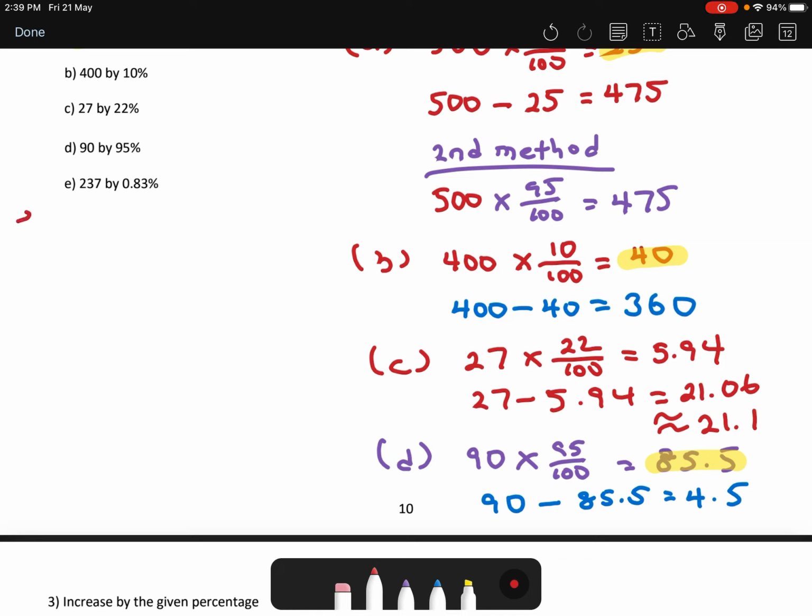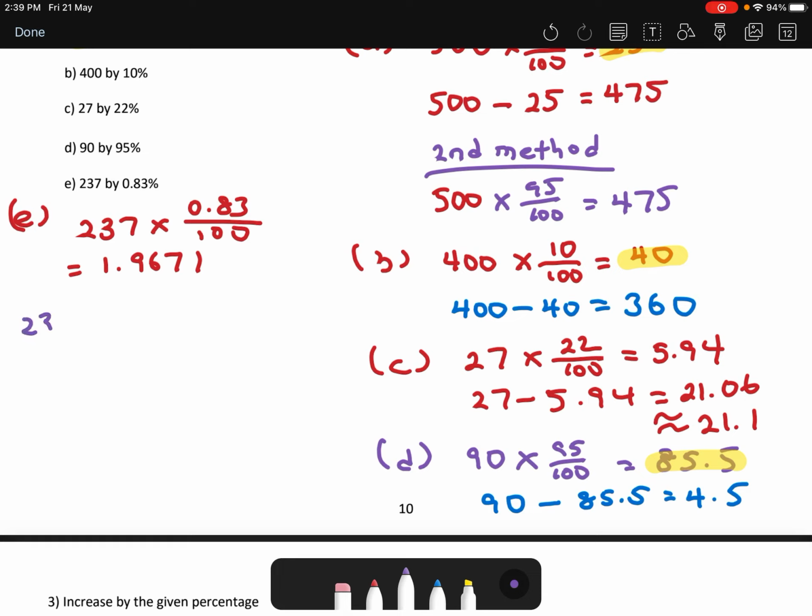Okay, last but not least, E. 237, I decreased by 0.83%. So simply just use 237 times 0.83 over 100. This one is a very small decrease, less than 1%. So it's about 1.9671.